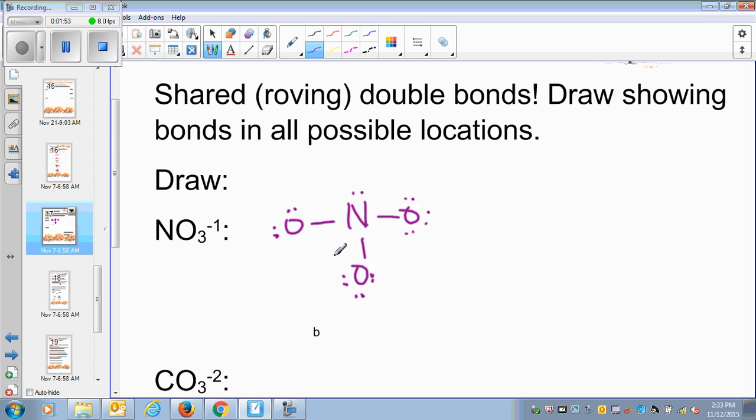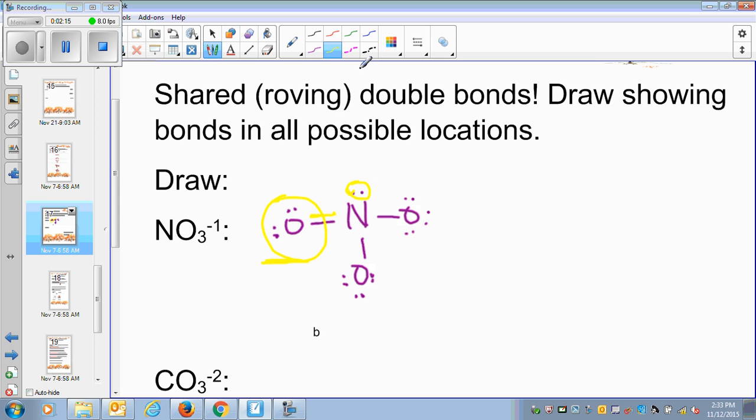I used all 12 pairs, and what happened is that this oxygen does not have 8 yet. Look, I see 8 here, and 8 here, but this oxygen does not have 8. So nitrogen will say that I'm going to use my lone pair to make a double bond.